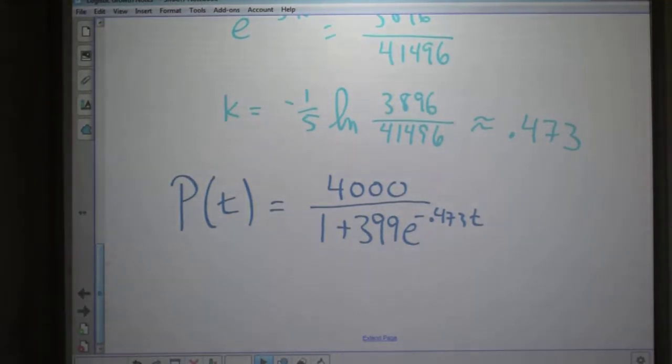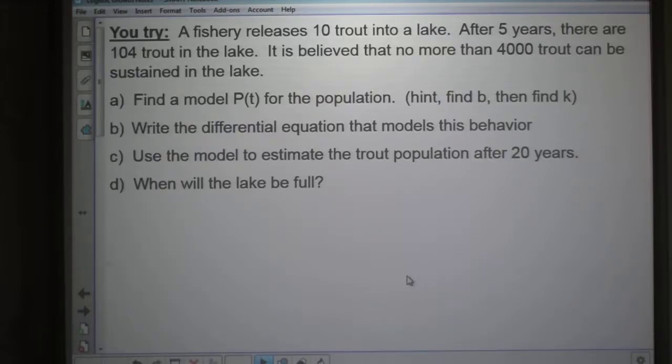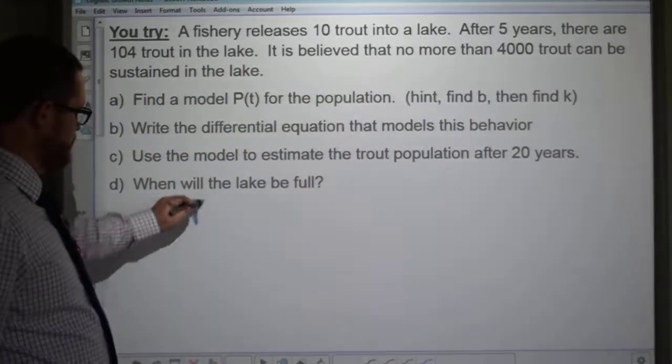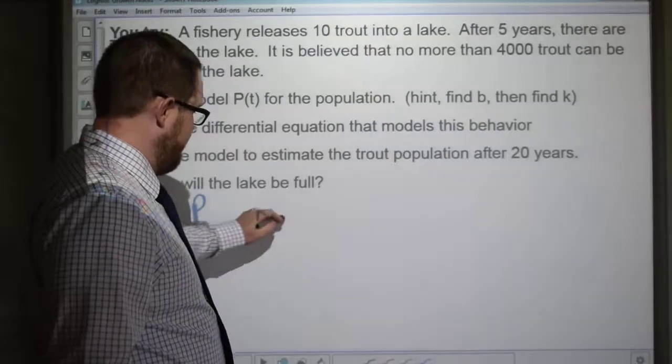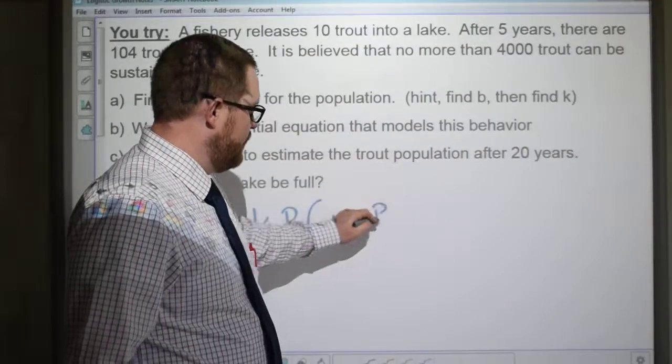So, what other questions can we answer from this problem? It says, write a differential equation that models this behavior. Well, the differential equation was kP(1 minus P over M).